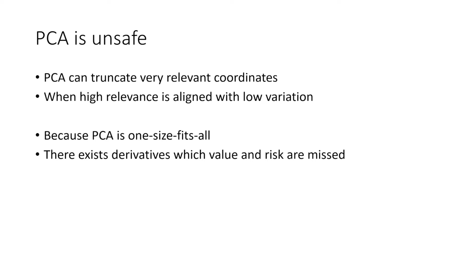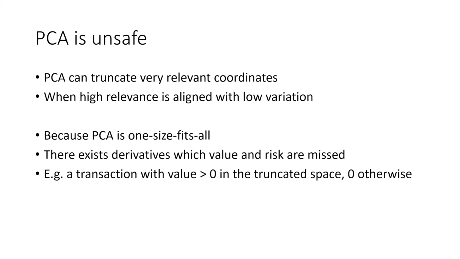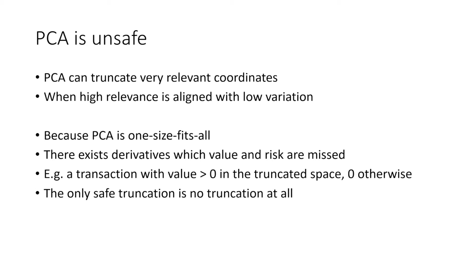For any truncation independent of transaction data, there exist derivatives whose value and risk will be missed. Just consider a transaction with positive value in the truncated space and zero everywhere else. So the only safe truncation is no truncation at all.